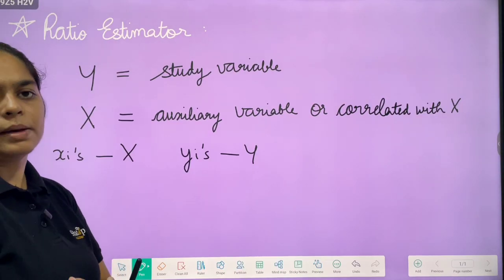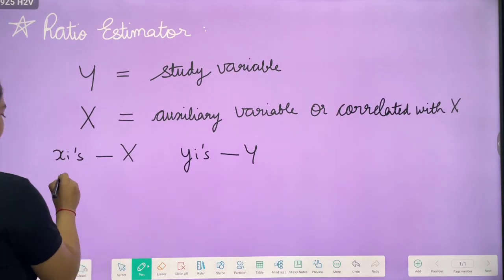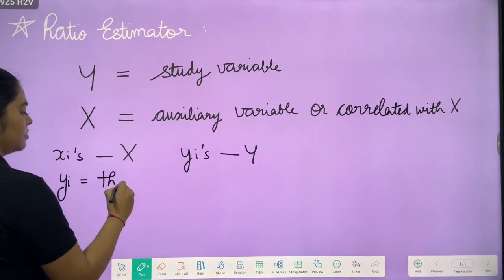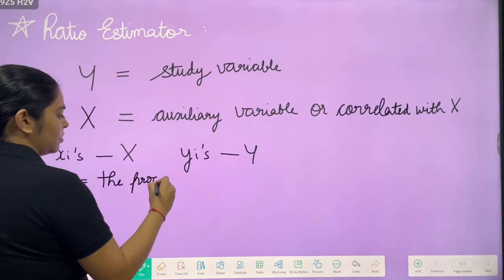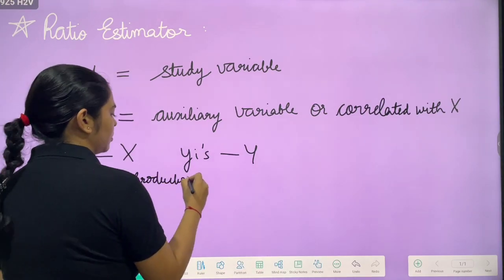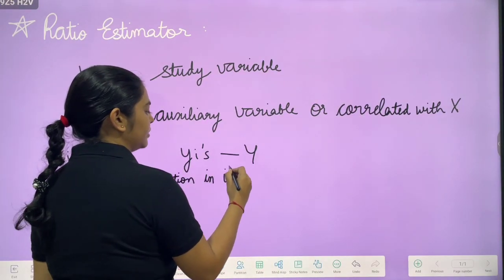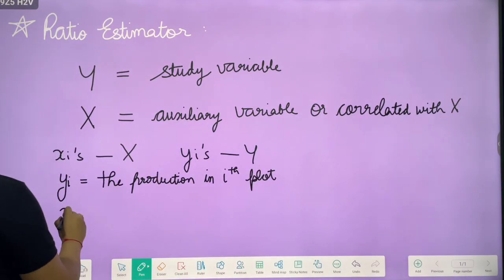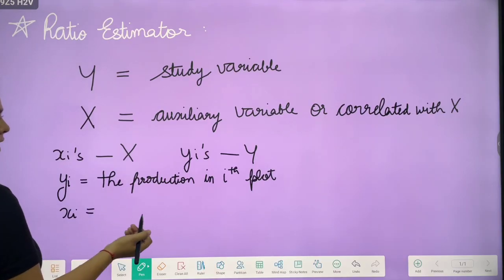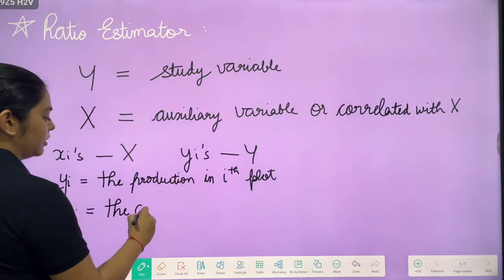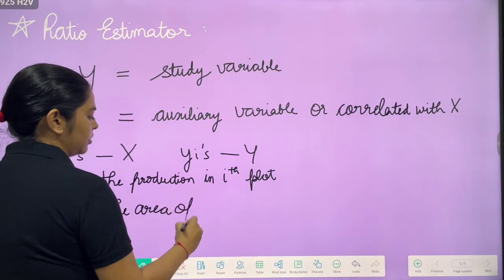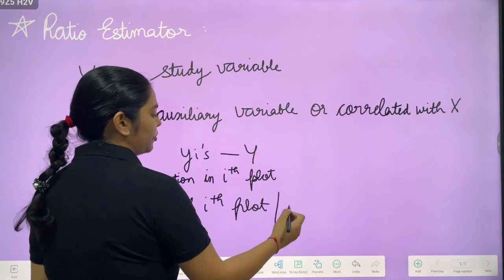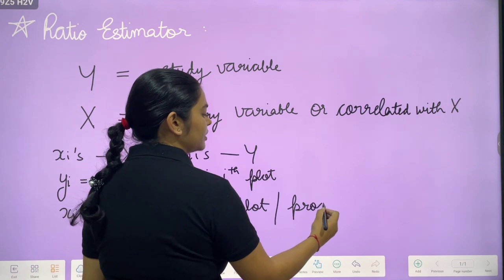Let us take one example. Suppose yi is the production in the ith plot. Then xi is the known value related to yi. xi can be the area of the ith plot, or it can also be the production of the ith plot of the previous year.